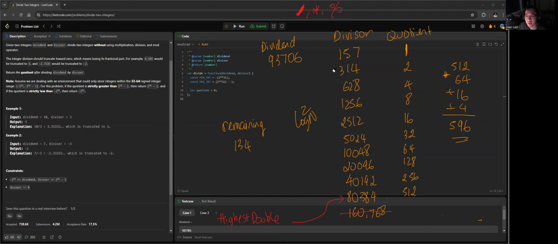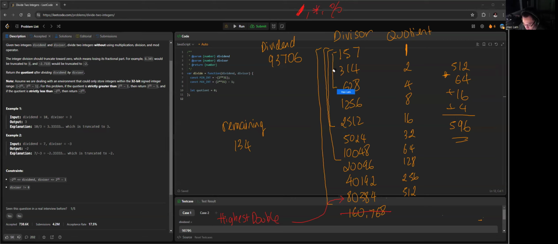However, we can do a little bit of optimization here, because as you can see, we are kind of repeating ourselves. The first time we stop at 512, which is here, the next time we stop at 64, which is here, the next time we stop at 16, and the next time we stop at 4.